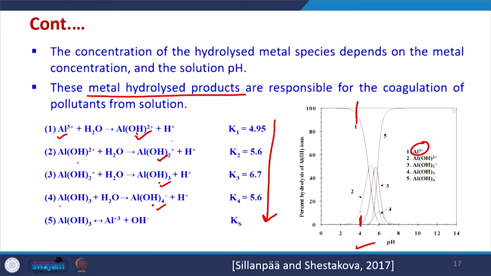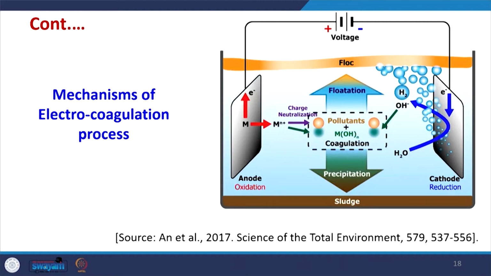Beyond a certain pH value, it will be AlOH4 minus. This graph assumes that other anions and cations are not present, so it will not be exactly the same in real water, because other ions are also present, but we can still understand some of the basics from it. This way, these aluminum ions will be present and will destabilize the colloids present in the water. This is how it works.